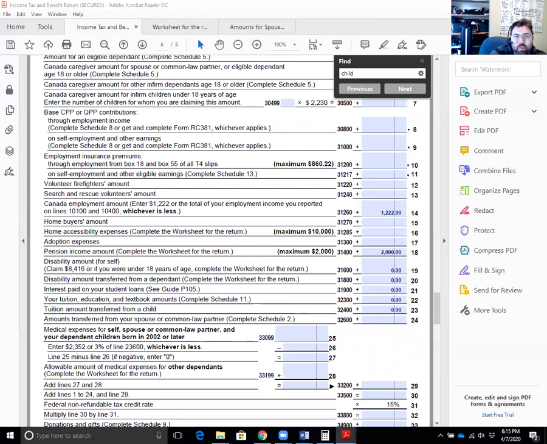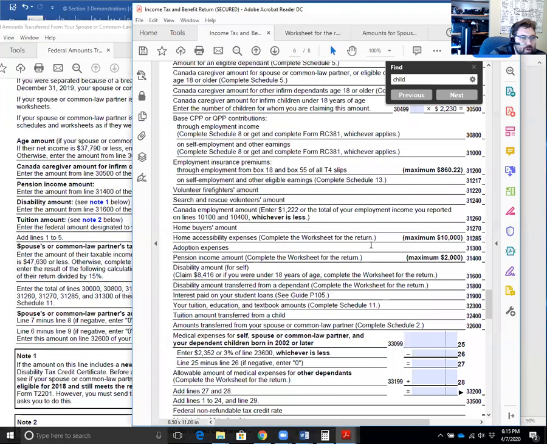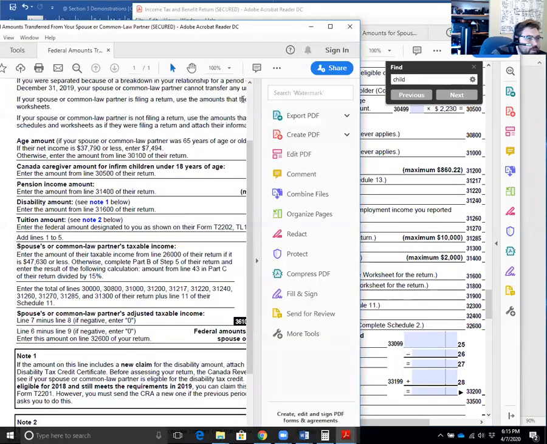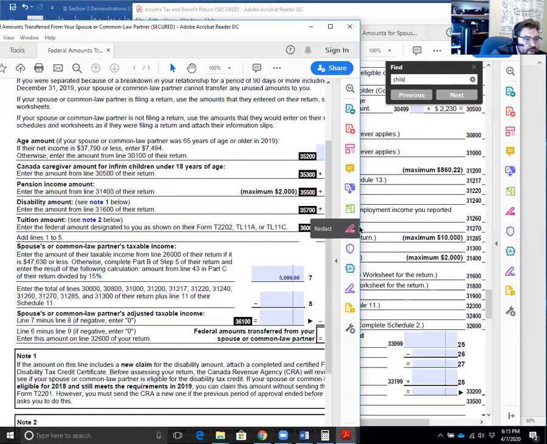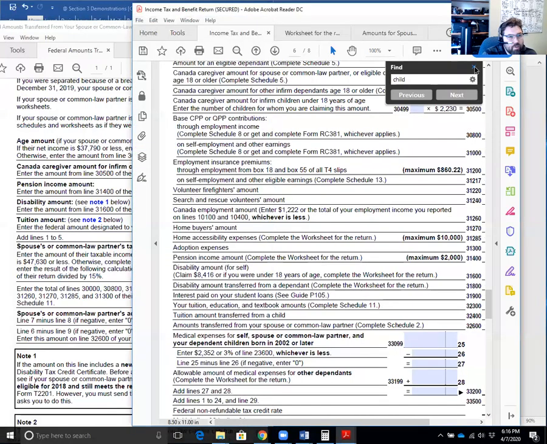Let's see if I can get this list and this showing at the same time. Is that possible? Get rid of that. Squish this. All right, so we're supposed to enter the total of these lines here. Oh, my face is in the way.